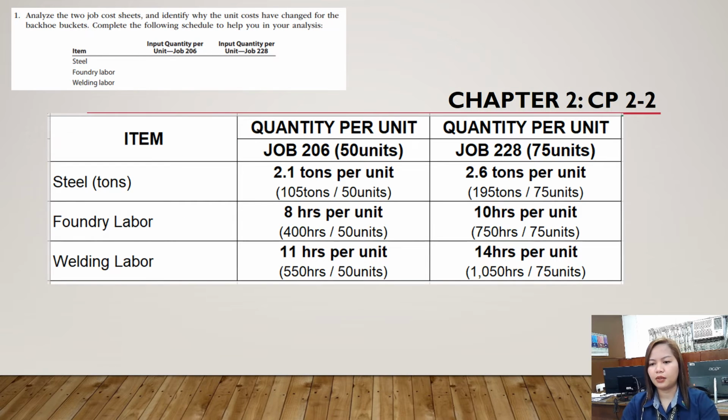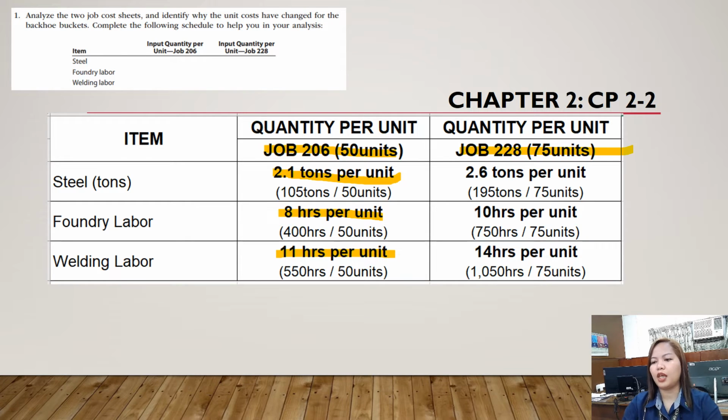Okay, so these are the results of my calculations. For job 206, 2 tons of steel used per unit, foundry labor 8 hours per unit, building labor 11 hours per unit.